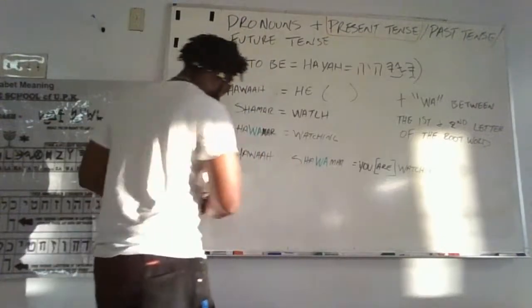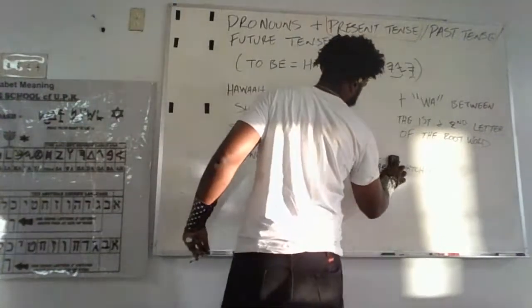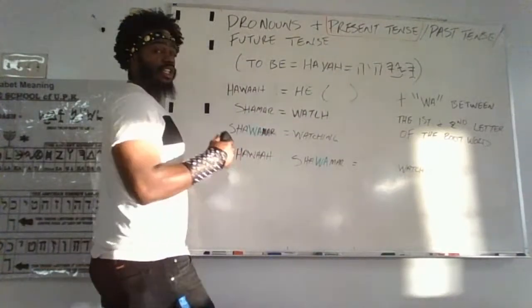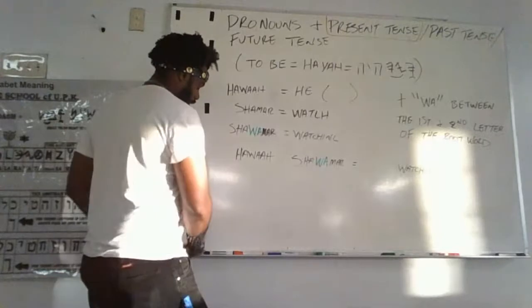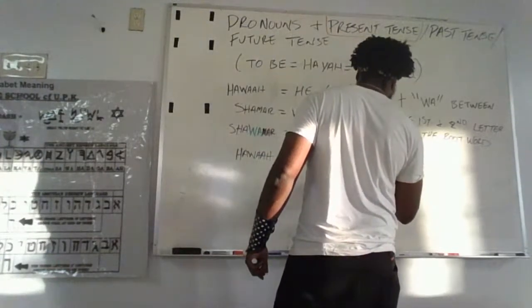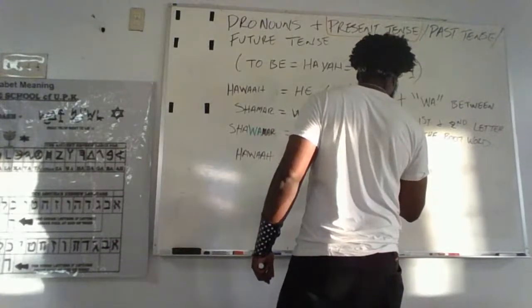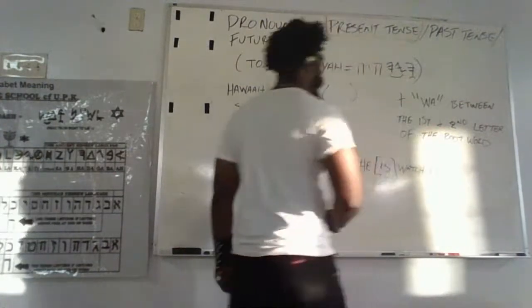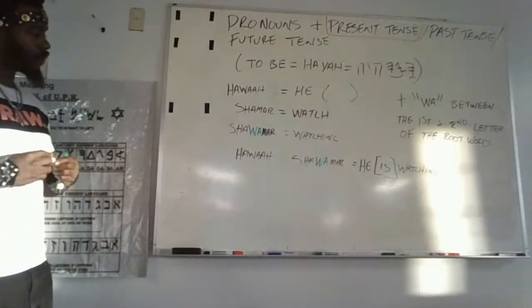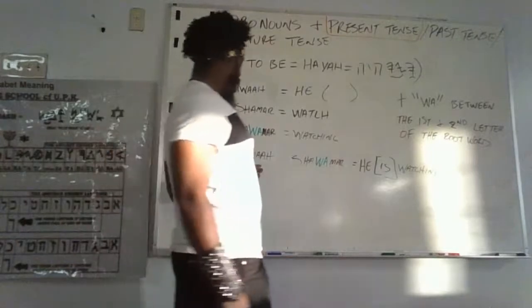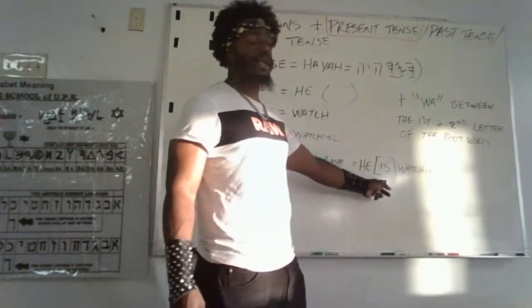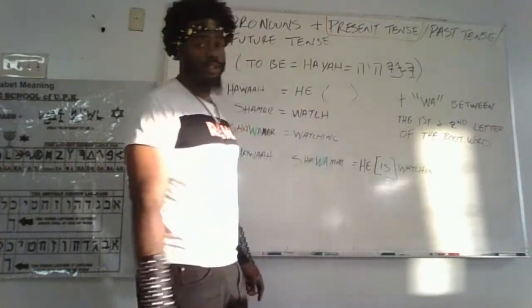So the sentence would be hawa shawamar, which means he, implied in English, is watching. Hawa shawamar is he, implied, is watching.